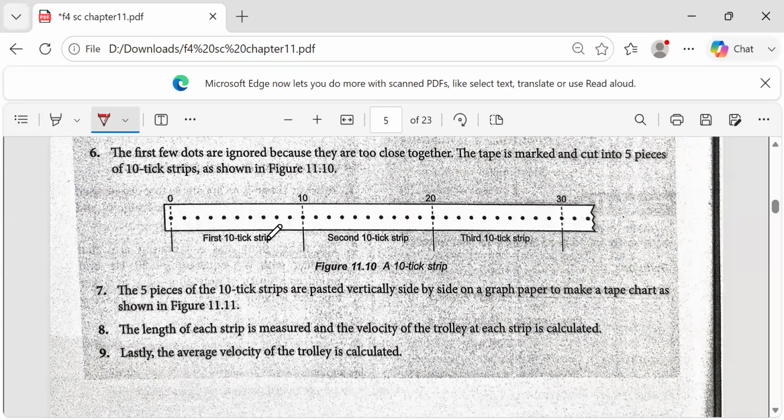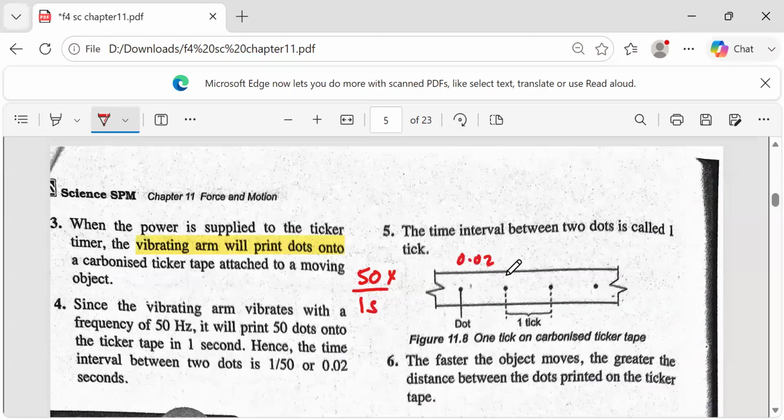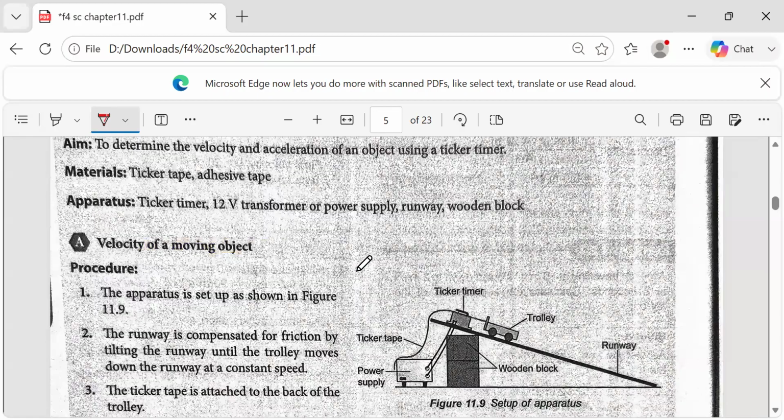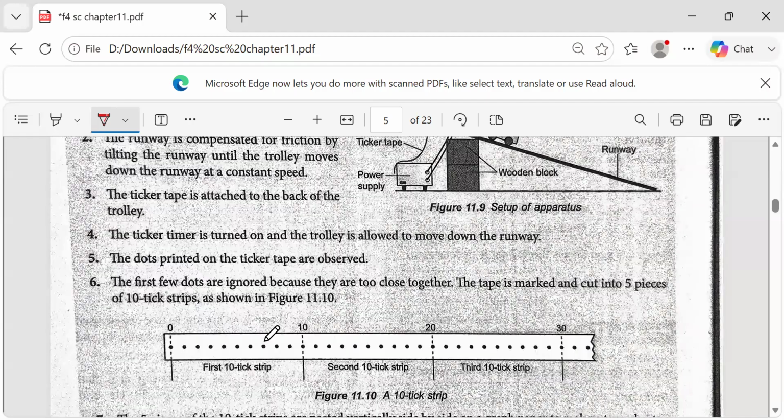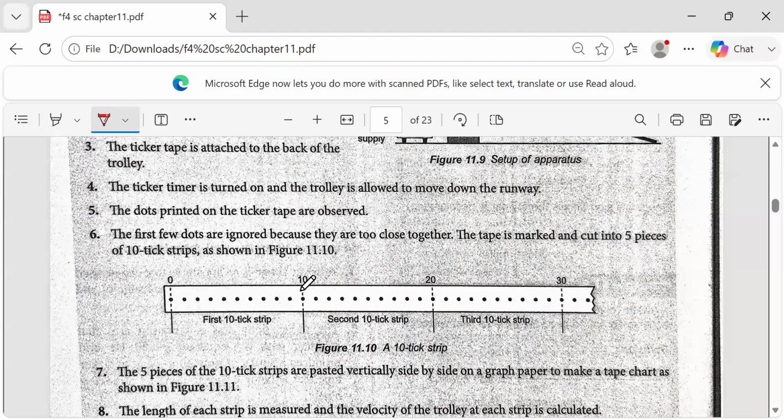So if every tick is 0.02 seconds, 10 ticks is how many seconds? 0.2 seconds. Do you understand?